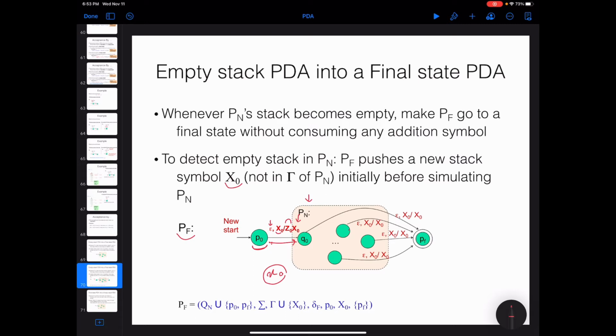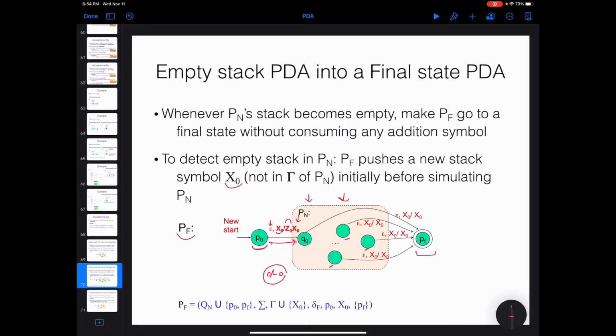What I'm going to do is that from all of the states in your original pushdown automata, I'm going to add a transition to a new final state. The final state is going to be unique from all the states in the pushdown automata, because you can actually accept a string in any of these states, right? The requirement for accepting is that the stack should be empty.